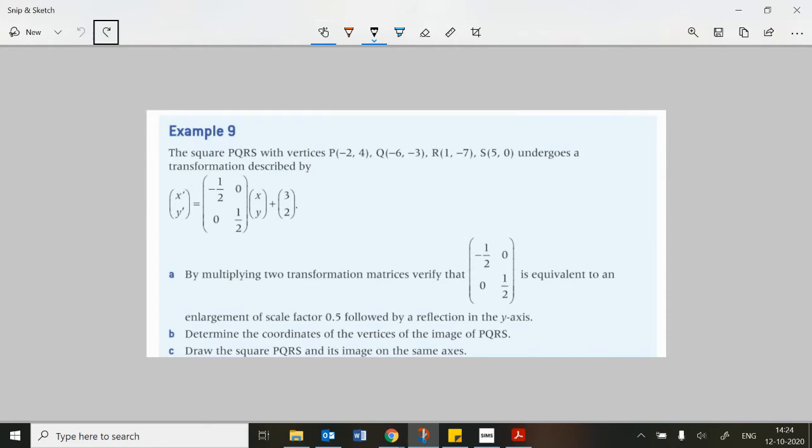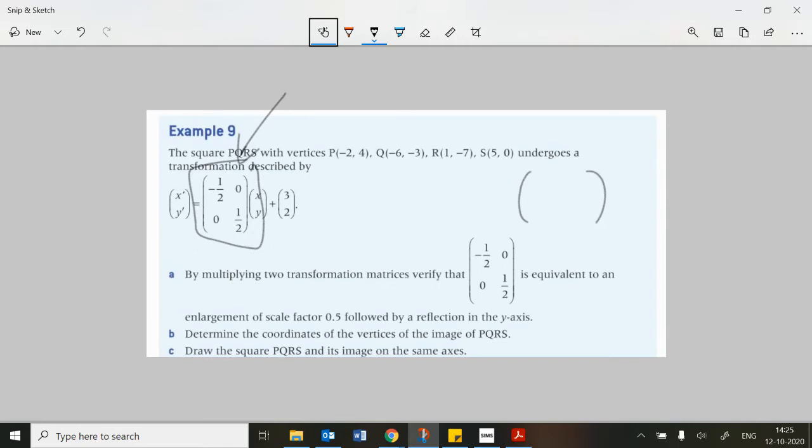So first of all, it says by multiplying two transformation matrices, verify that -1/2, 0, 0/2 is equivalent to an enlargement of a scale factor of 0.5 followed by a reflection in the y-axis. So this here, they're trying to say this is actually two transformations acting upon xy.